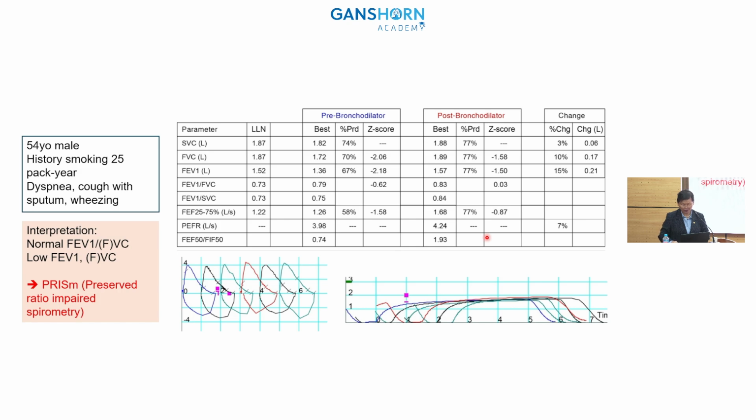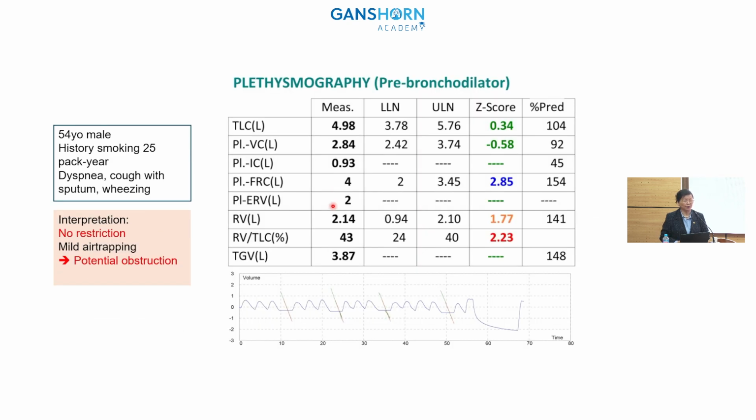But by the box, we have the opposite conclusion. On the spirometric test, we conclude that there is restriction, no obstruction, but by the box, there is no restriction, but possible obstruction, because we have a mild air trapping right now.